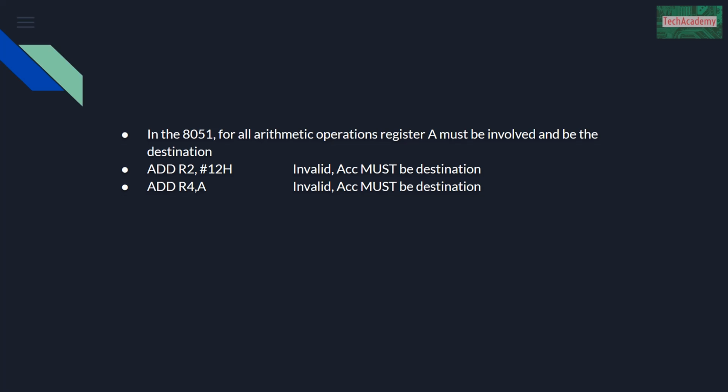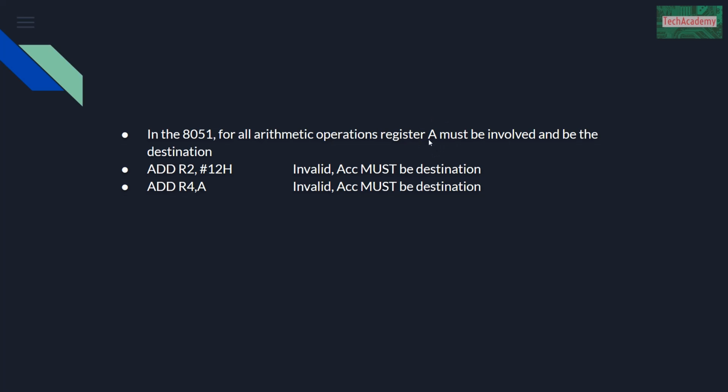So as I mentioned, in case of the ADD instruction or any other arithmetic instruction which we are going to see in future videos, for arithmetic instructions your register A must always be involved. We cannot do any arithmetic operation without the accumulator register.